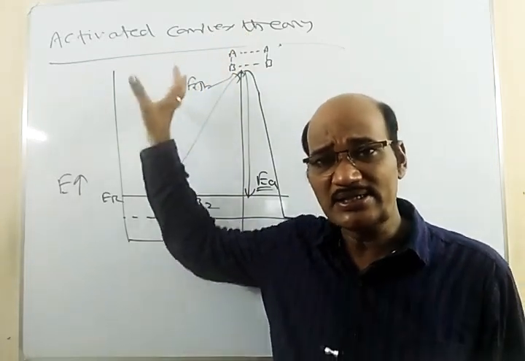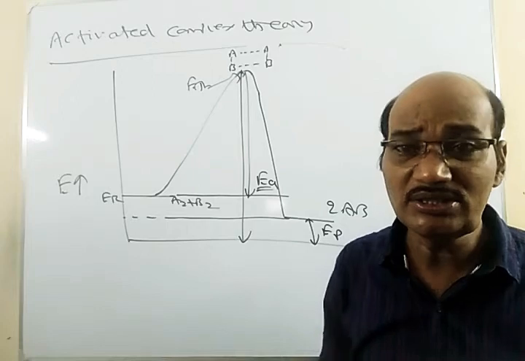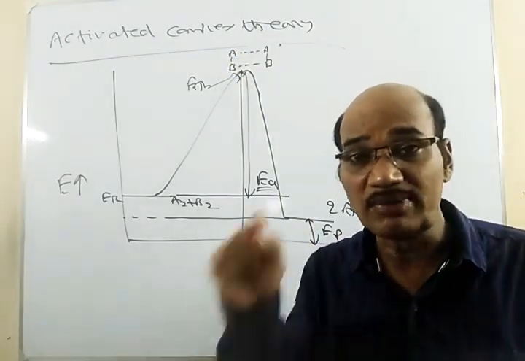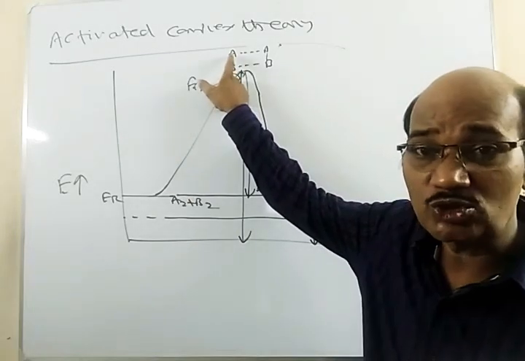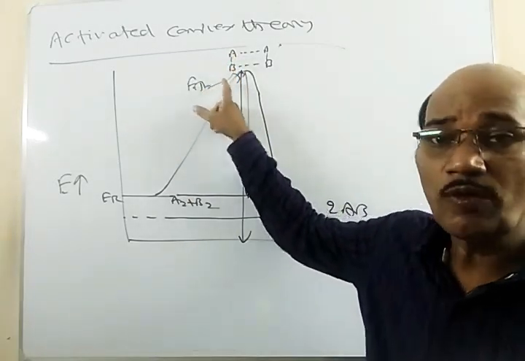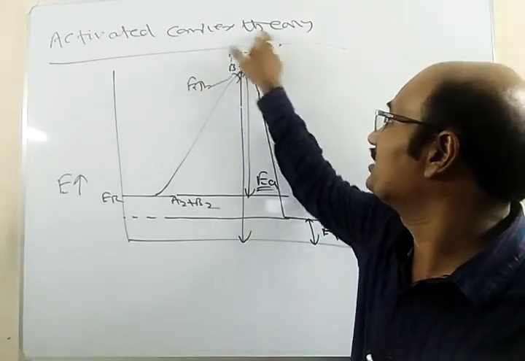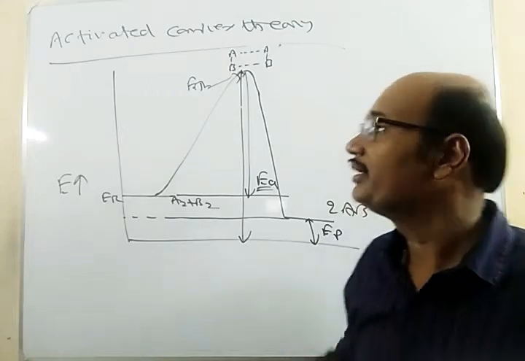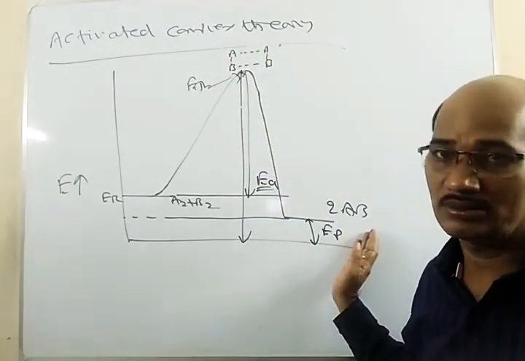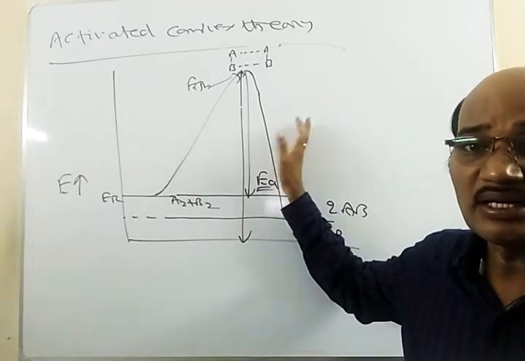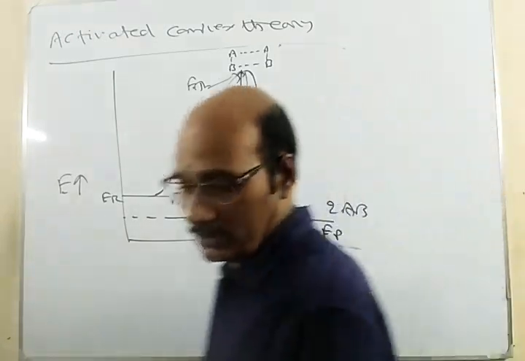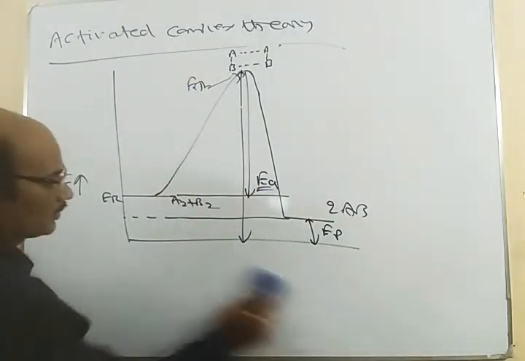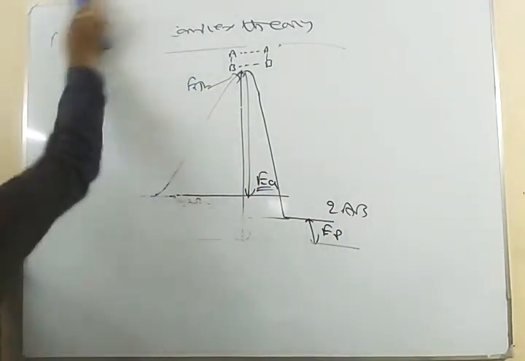At the highest energy state, the reacting molecules have high energy and they form a complex called the activated complex. Here the old bonds start to break, new bonds start to make. So this complex has a transient existence. It will disappear again immediately and give the stable product. So this is called the activated complex. Okay. And now activated complex theory, clear?